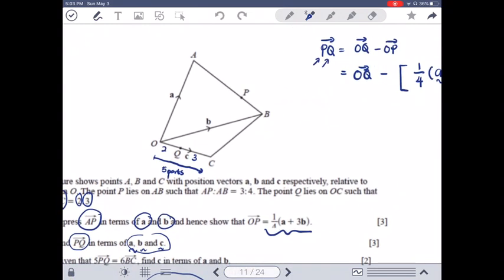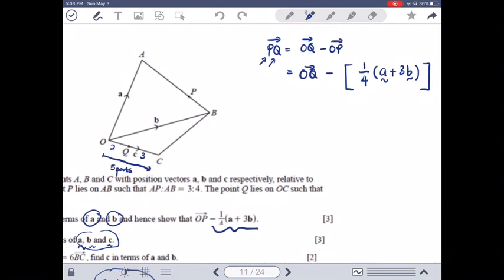Okay, and means that OQ is just 2 over 3 of OC. Okay, and not 2 over 3, sorry. If the total parts is 5 parts, then means that OQ is 2 over 5 of the whole parts OC, right?